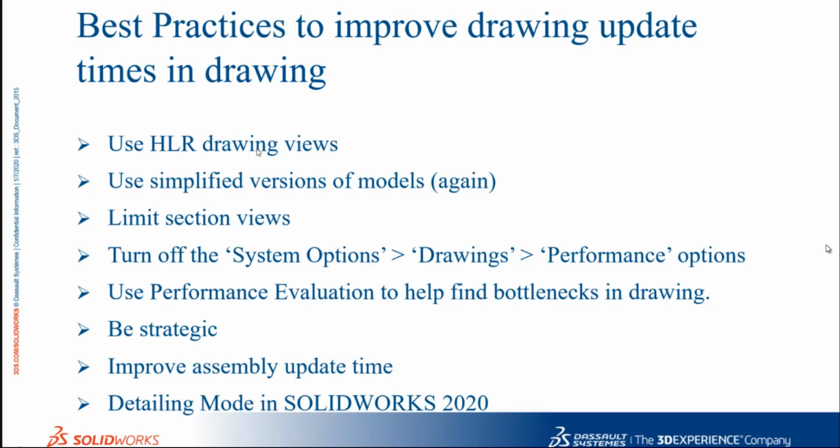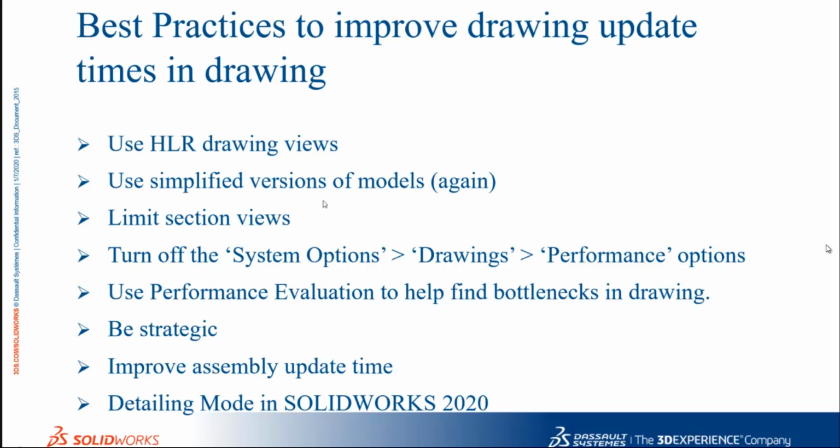Okay, second thing is use a simplified version of a model. As I discussed earlier, there should be a simplified version of a model, right? So that it will also decrease the number of edges, the number of lines in the drawing view. Again, it will improve the performance.